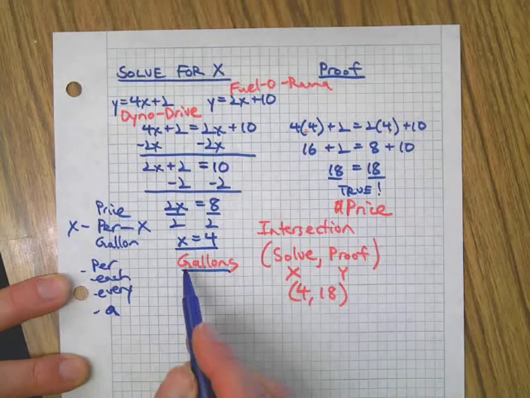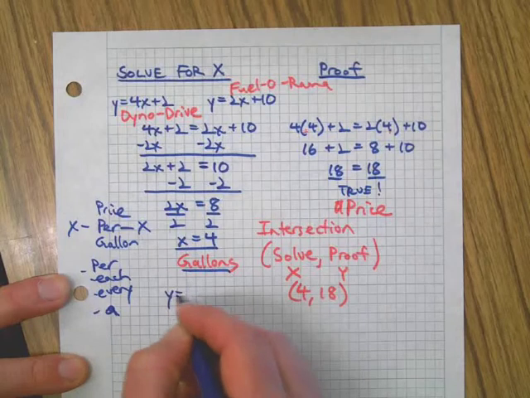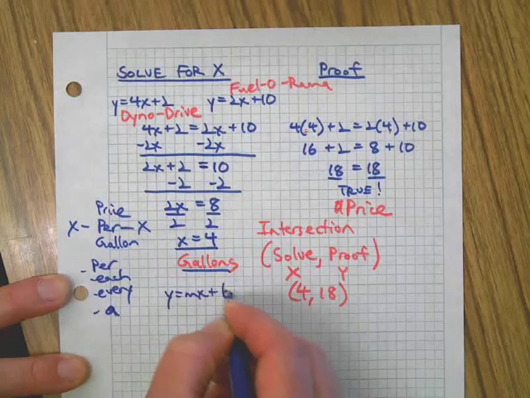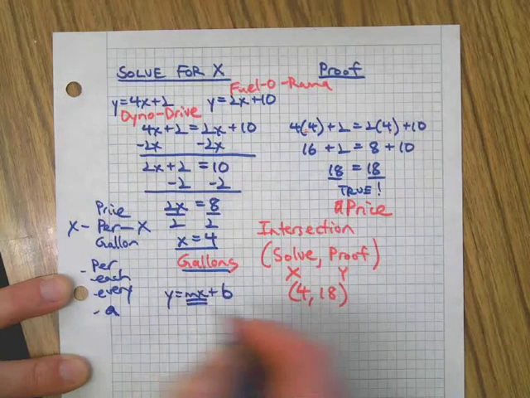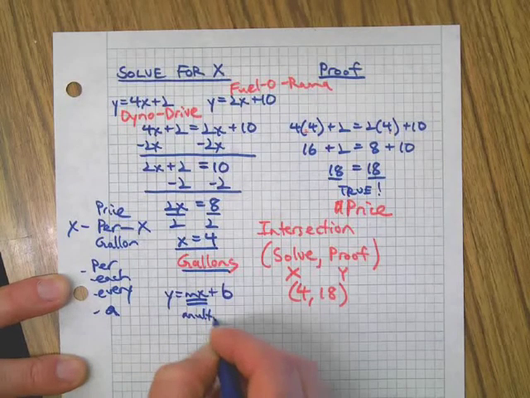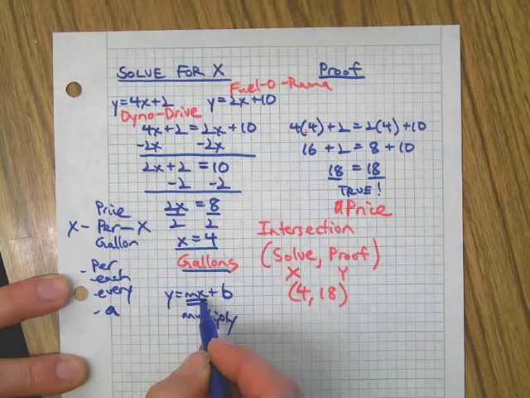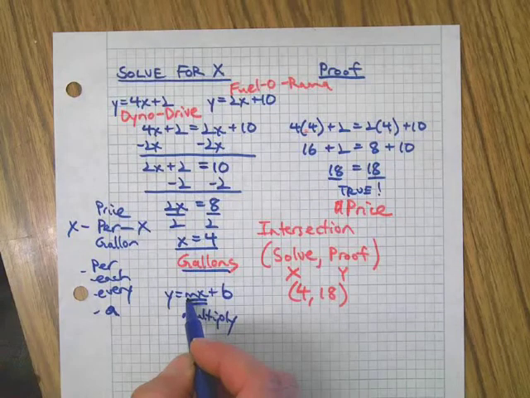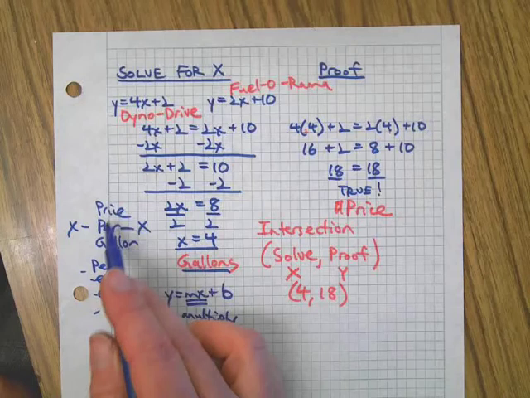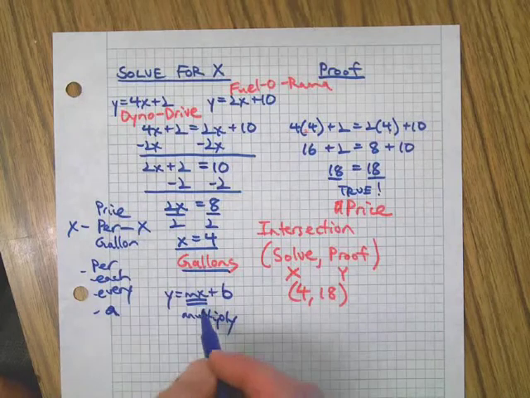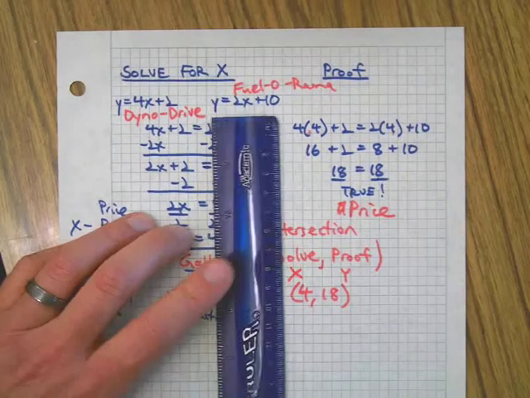That's how we know x is gallons. And plus, since the form we're using here, y equals mx plus b, that's the only spot in the equation where there's multiplying going on. So we know that that's the x because there it is right there. The m, the slope, the rate of change, that's the price for each gallon.